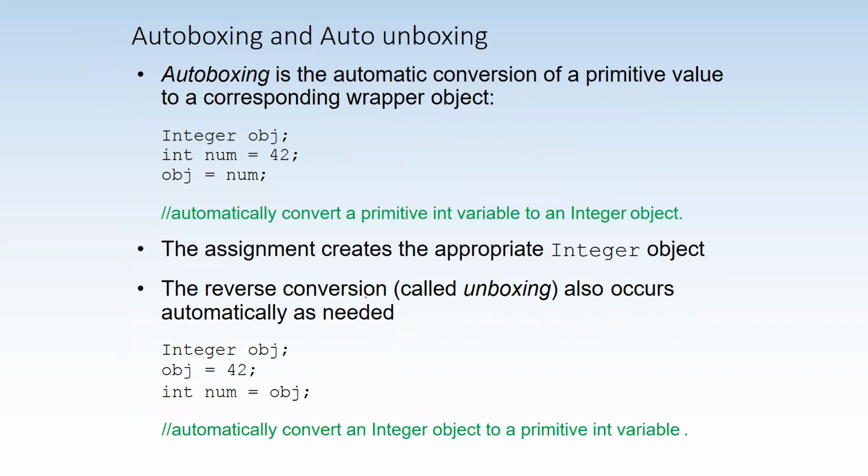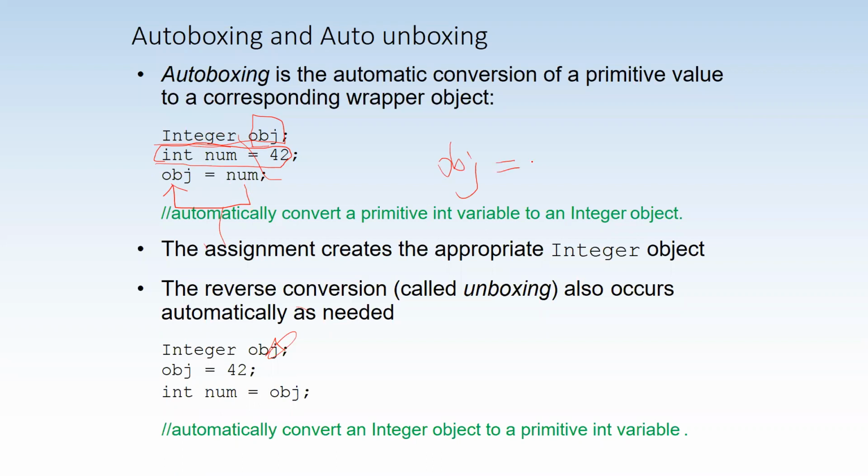Auto-boxing means give me a primitive data type value. I will automatically wrap it up, make it into an object, into an Integer object. So let's look at this. You declare an object, a reference variable. This is a primitive data type, right? And here you're assigning a primitive data type to an Integer object. So it's okay. You do not need to cast. You actually do not need to do this.